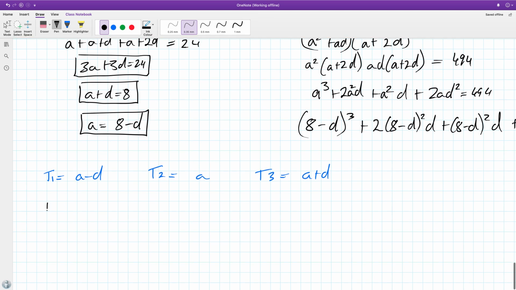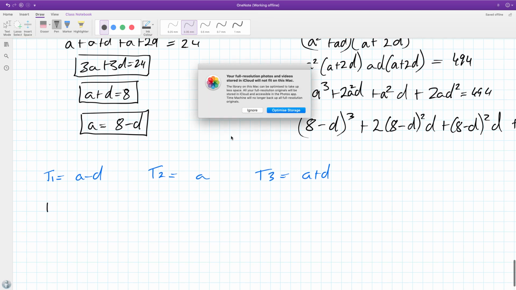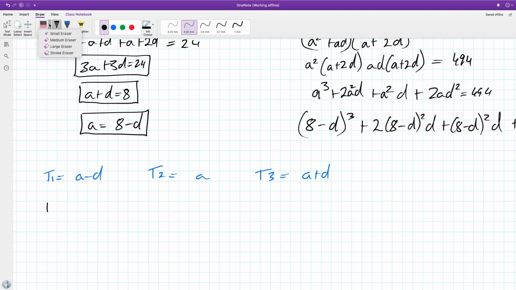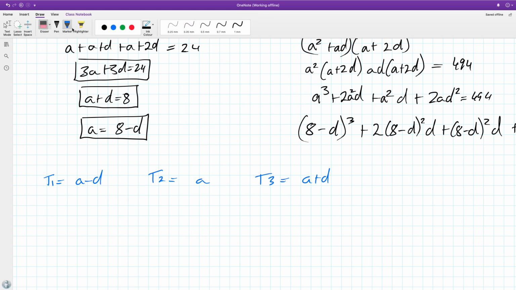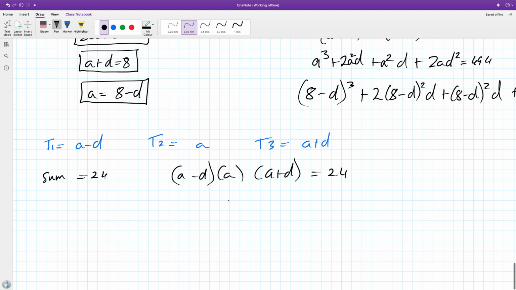Look what happens when you add the three terms: A minus D, A, and A plus D. The D's cancel. You've got A plus A plus A, which is 3A, and minus D plus D is nothing. 3A equals 24, so A is equal to 8. That would have made life easier.